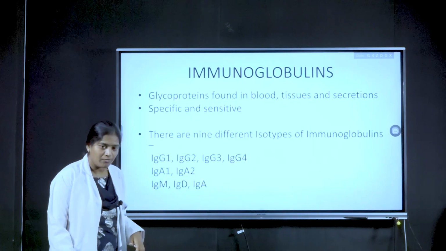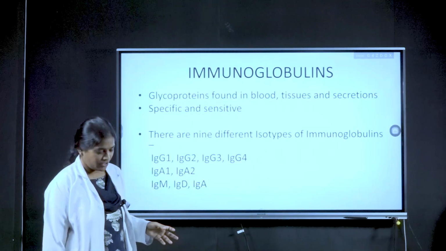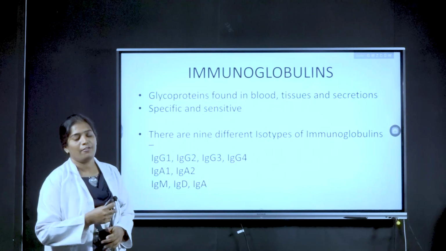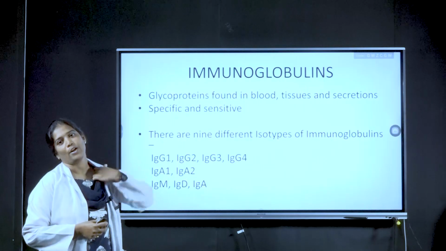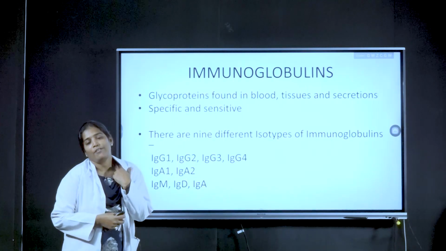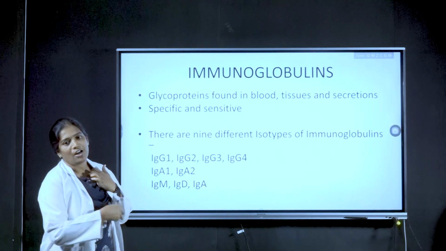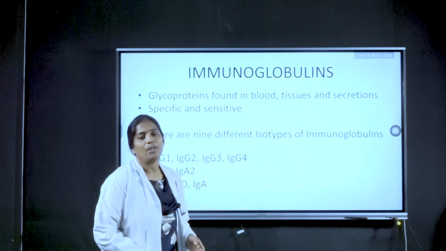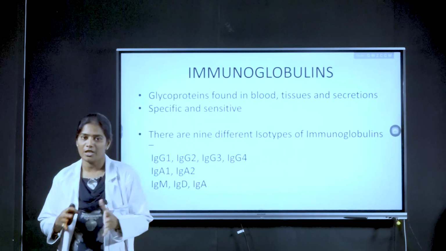Upon any inflammation or infection, B cells, which are usually differentiated in bone marrow, will reach the sites and the lymphoid organs. They will produce certain antibodies, and they are stored within lymph nodes.